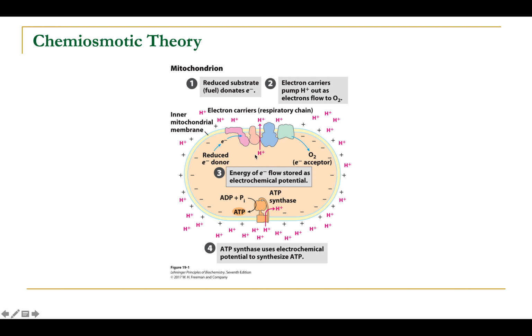The reduced electron transport carriers, either produced from the TCA cycle that happens in the mitochondrial matrix or channeled into the mitochondrial matrix from other cellular compartments, are used as donors of highly energetic electrons, and these electrons are passed through the chain of complexes sitting in the inner mitochondrial membrane.